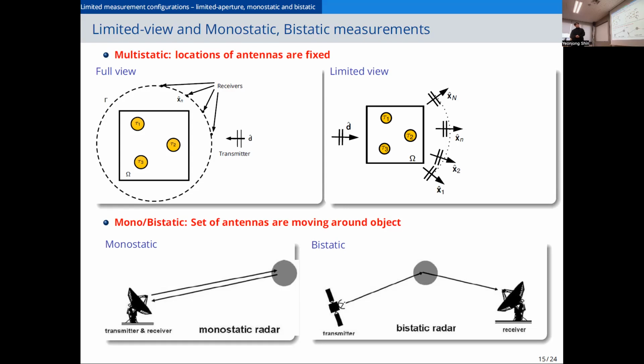And bistatic is where the transmitter antenna and receiver antenna are located at different positions, and this set of antennas moves around the object. The reason why I study limited view or monostatic and bistatic is that in many real applications, it is impossible to measure the data in full view.